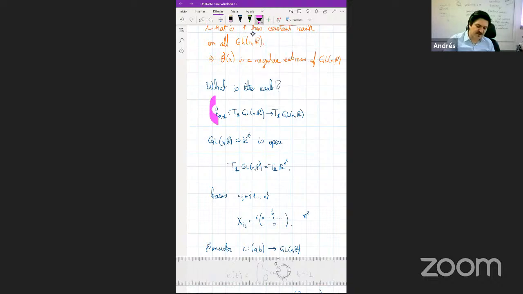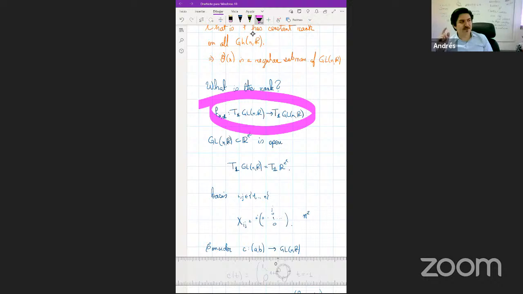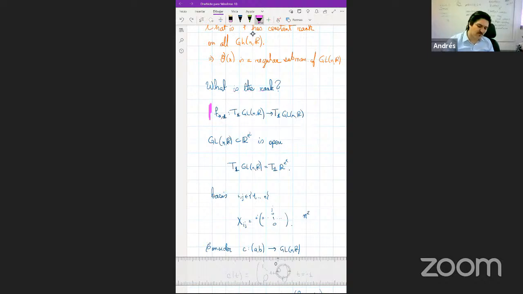Thus, to compute this, I will use the method of a curve. I will take an element of the basis, a curve that goes through the origin, and such that the differential is the prescribed vector. Then I will compose with the function f, so I will know what is the image.